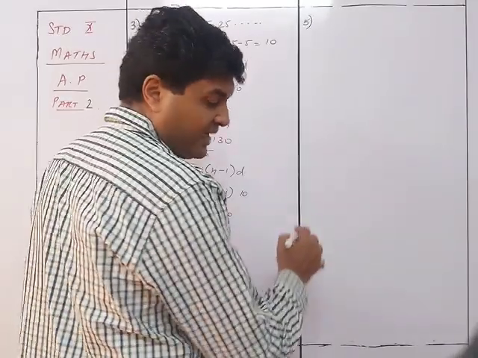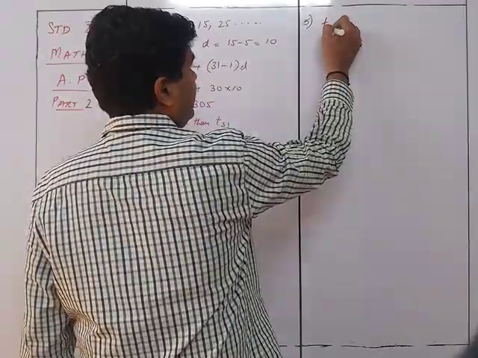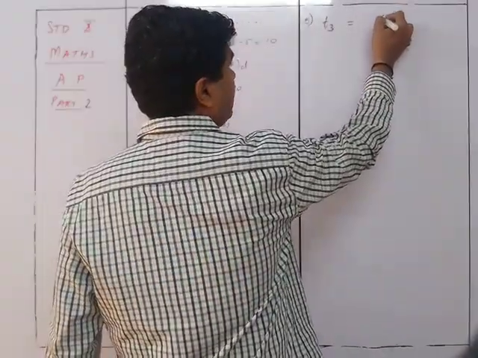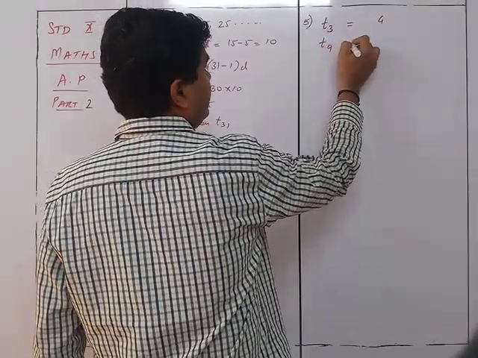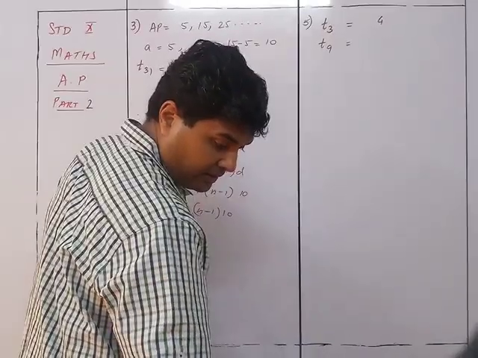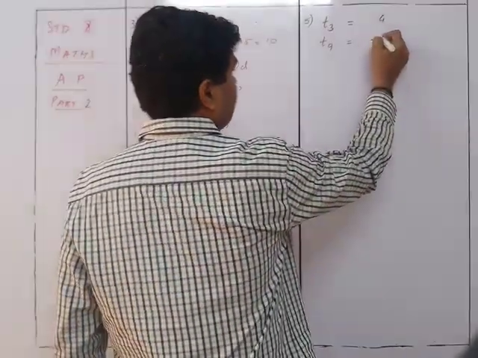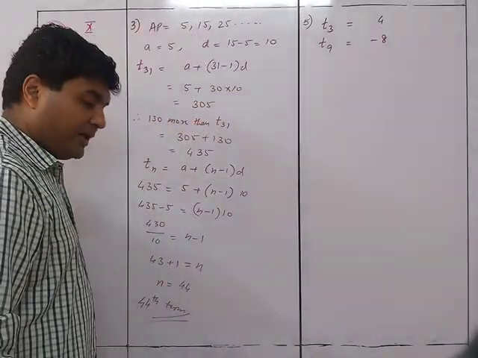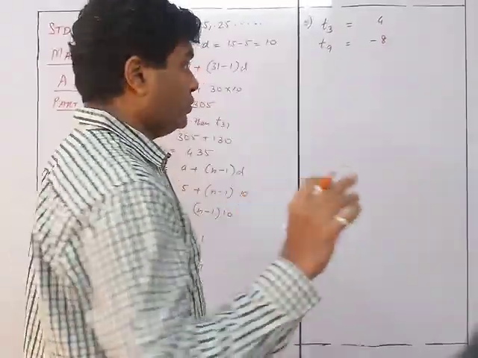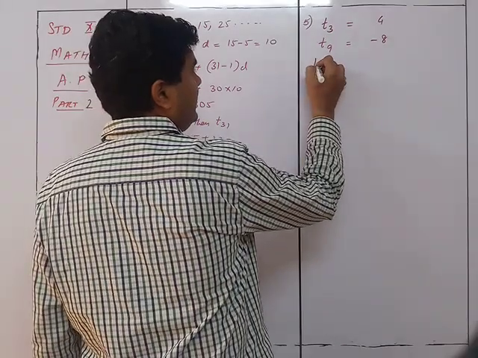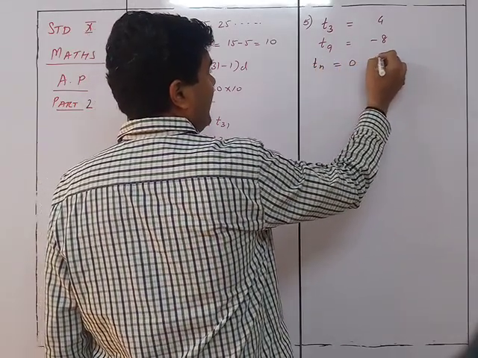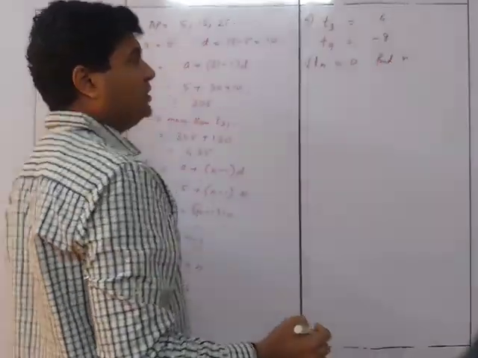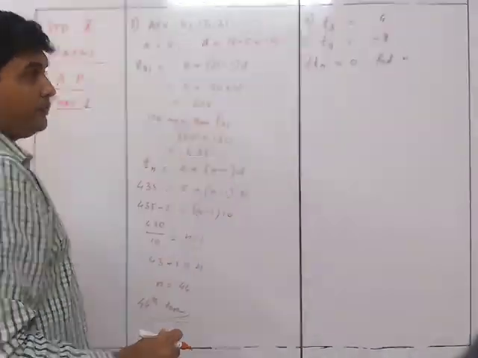Okay, so it is given that T3 is equal to 4 and T9 is minus 8. We have to find which term is 0. We need to find Tn is equal to 0, find n.